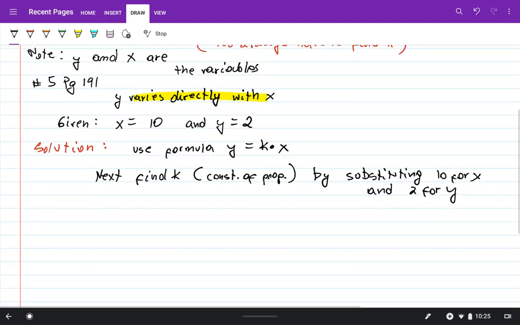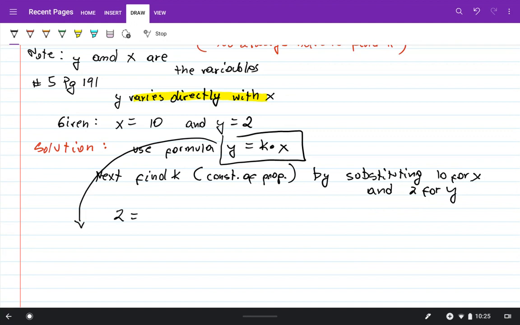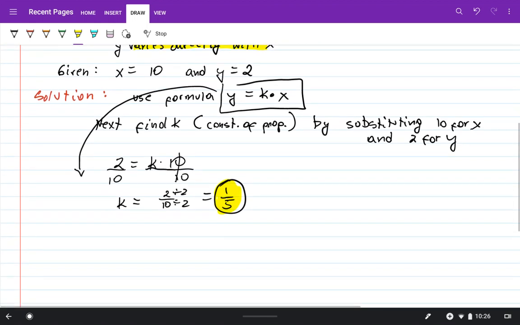Okay, so this is the direct variation formula. We're going to replace y with 2. We need to find k, and we're going to replace x with 10. So solve for k: we divide both sides by 10, and we get that k is equal to 2 over 10, which is the same as 1 over 5. So 1 over 5 is our constant of proportionality. You always need to find it. k should not be your variable.